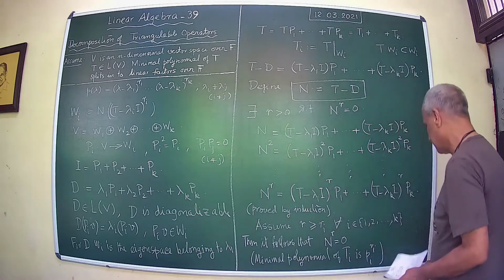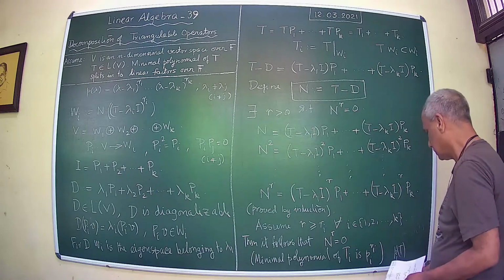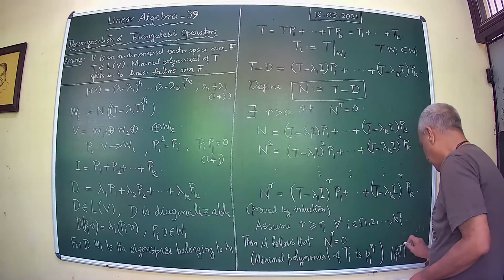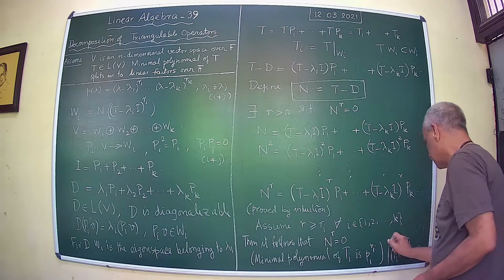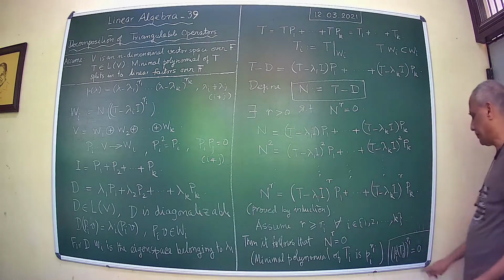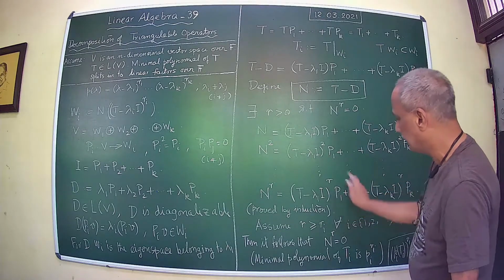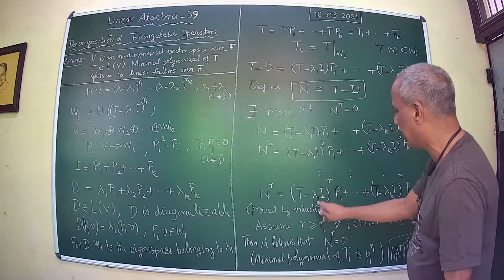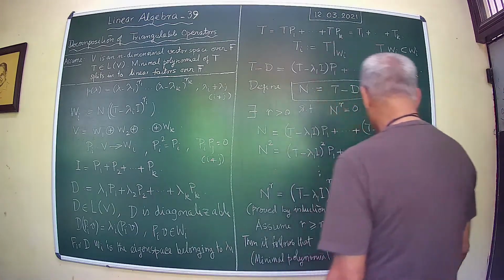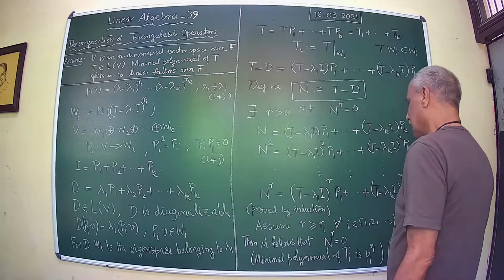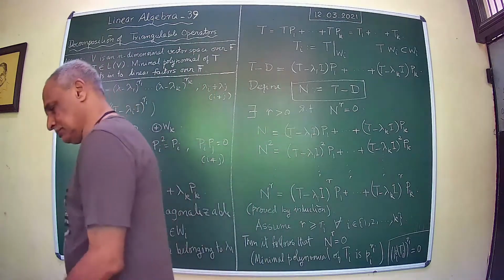Therefore, you have Pi(T) to the power Ri equal to 0. So that means if you are restricting to Wi, then this is equal to 0. So you get (T minus lambda 1 I) to the power R1 is equal to 0 on W. That's the argument.